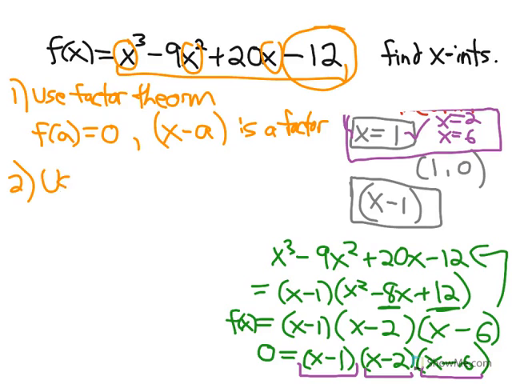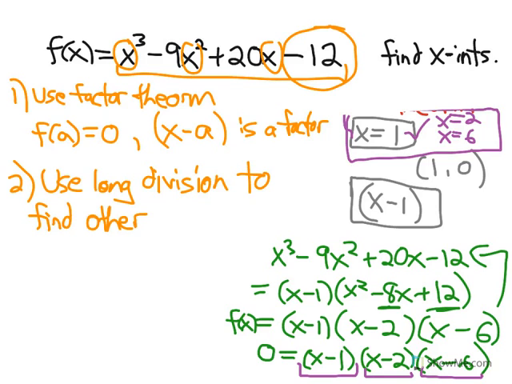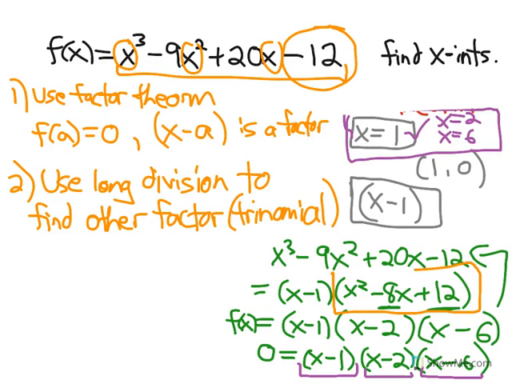Then we can use long division to find the other factor. This will result in a trinomial. We did long division and we got x squared minus 8x plus 12 as the result.